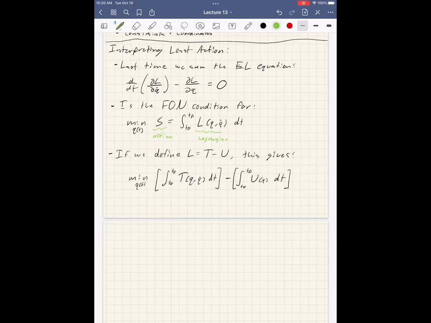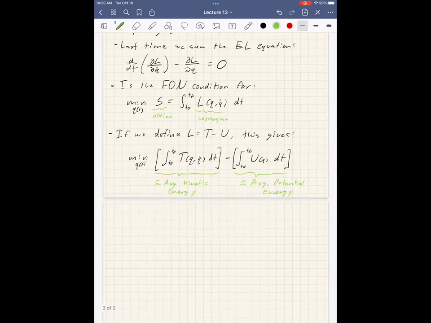Okay, so roughly speaking, up to a constant factor, this is average kinetic energy, and this guy is average potential. Is that cool with everybody?